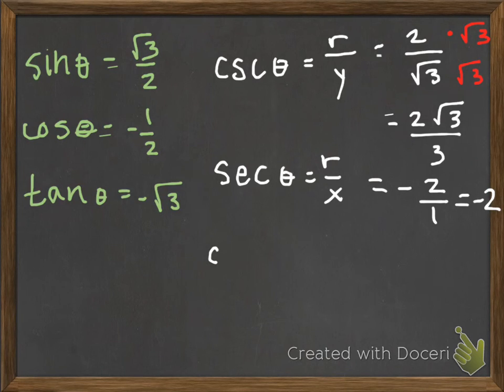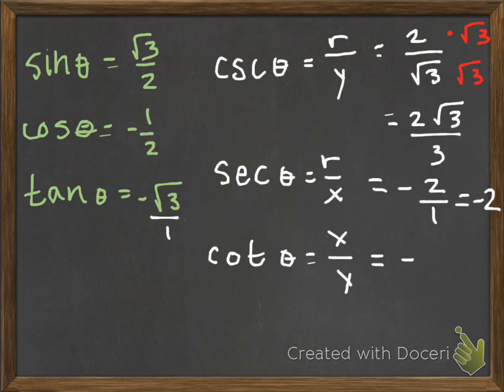And lastly, cotangent is x over y, which is the exact opposite of tangent. So you have two options here. You could go back to the coordinates and set it up by saying x over y, or I could just take this tangent value and flip it. So right now, tangent is negative root 3 over 1.